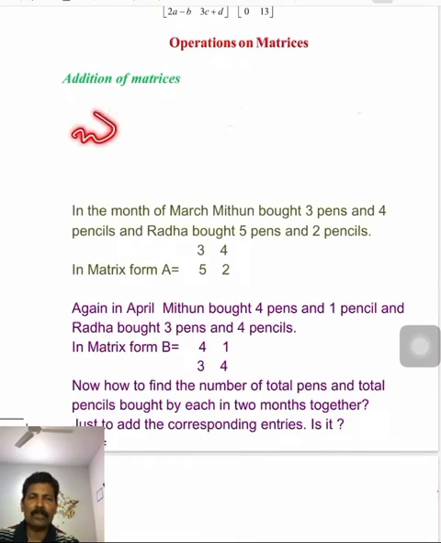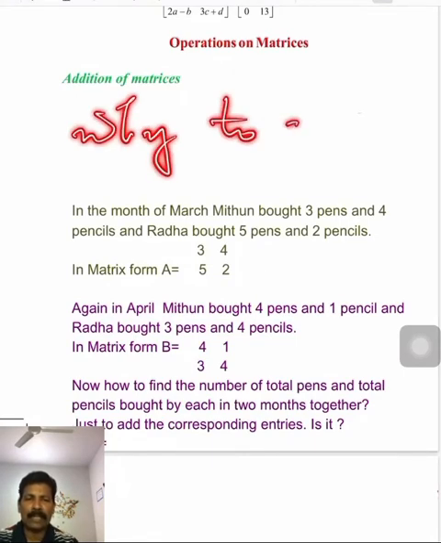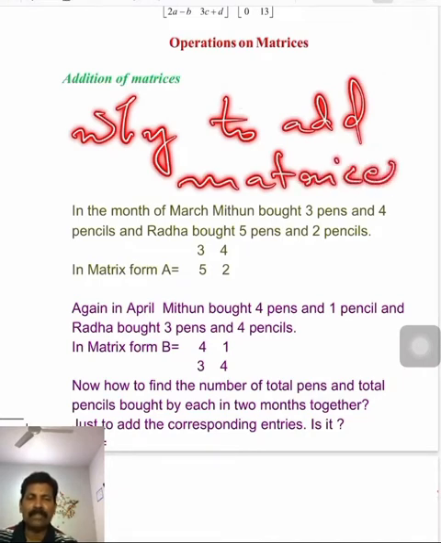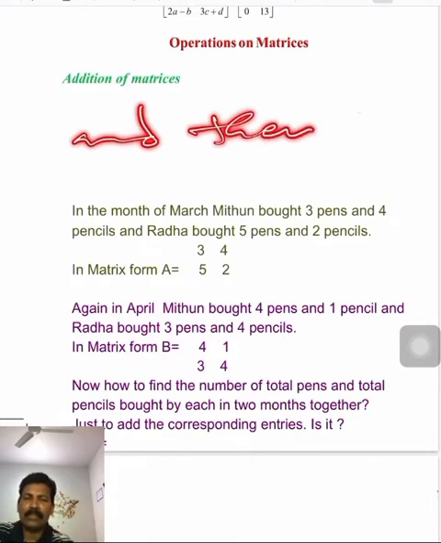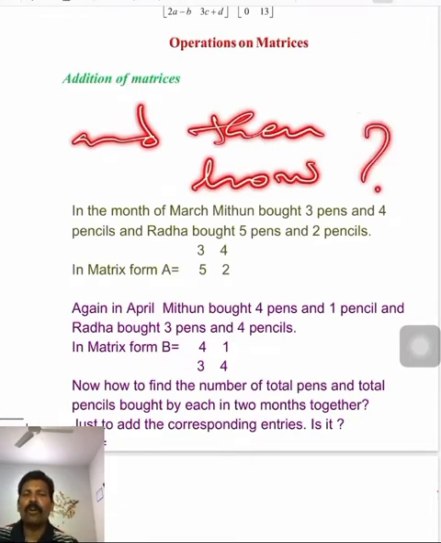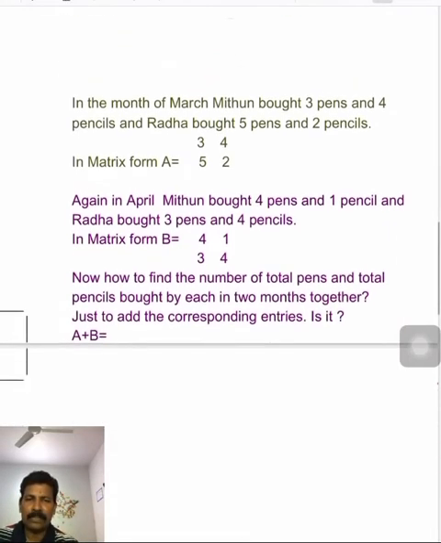Now operations on matrices. Addition of matrices. First of all, why add matrices, or in which situation does the relevance of addition of matrices come? And second question, then how to add the matrices?